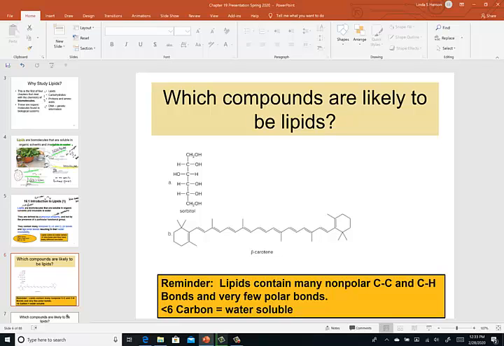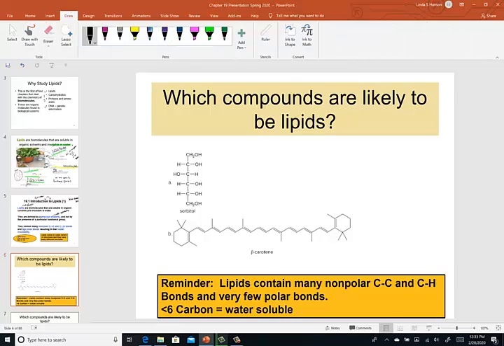So looking at this, I'm noticing lots and lots of polar regions in this molecule. Notice how many OH groups we have. Those are all alcohols, and I know that those are very polar. Also, I notice I have a 6-carbon chain, and I'm remembering that solubility rule about 6 being kind of that magic number for water solubility of alcohols. So this right here would not represent a lipid.